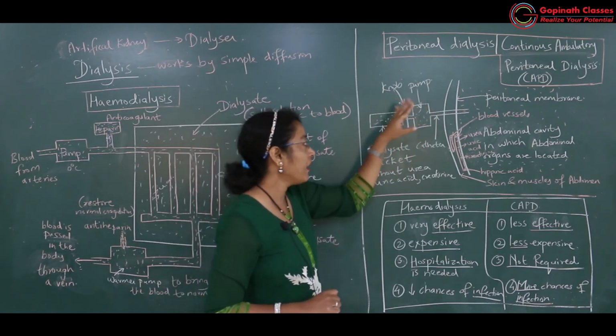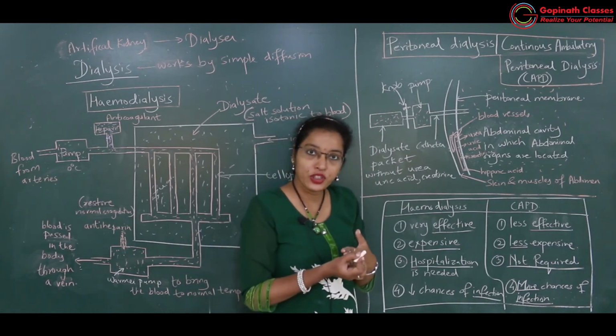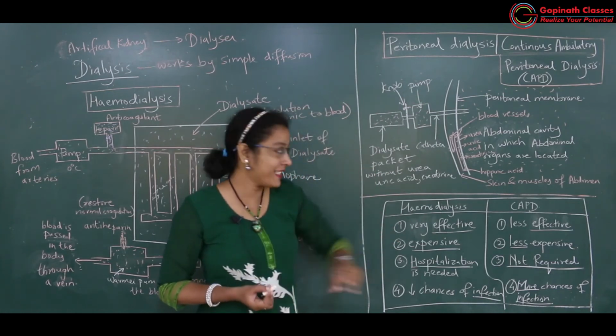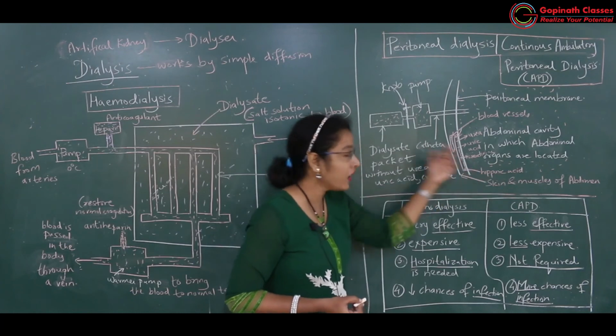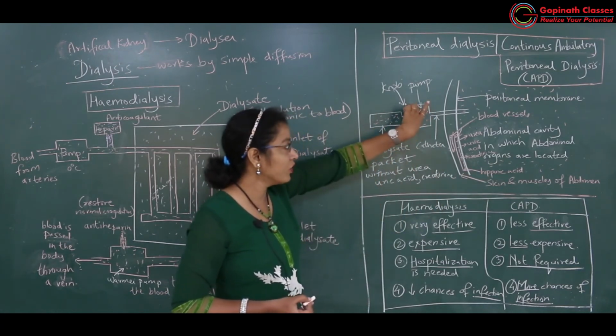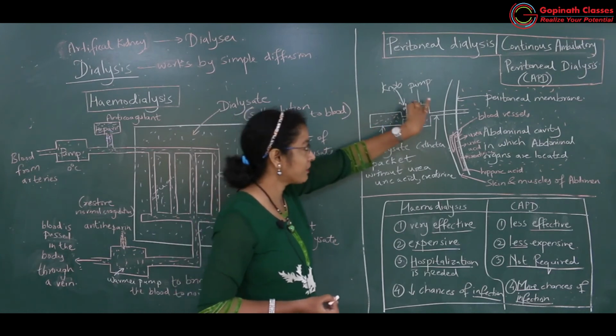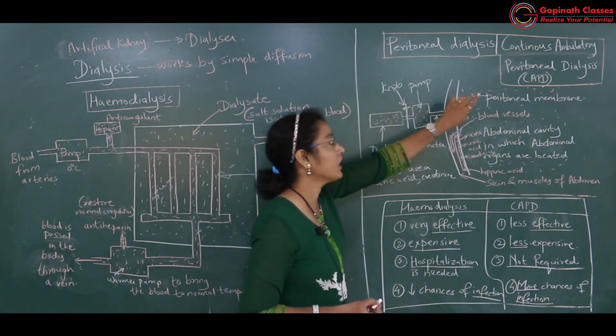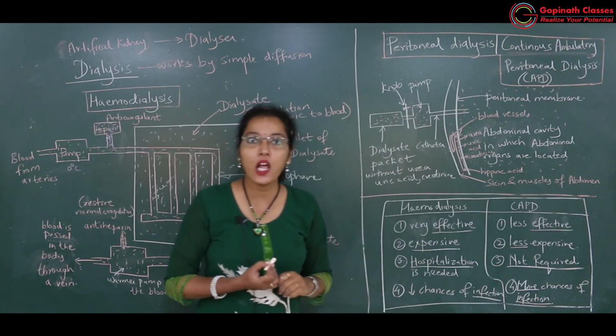If we want to introduce new dialysate in this abdominal cavity, then we have to attach the dialysate packet to this pump, and then this pump will pump the dialysate into the abdominal cavity.